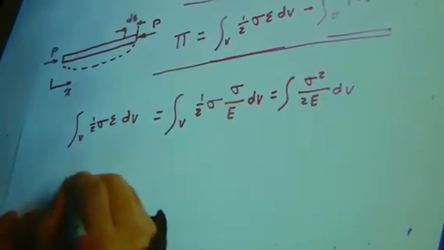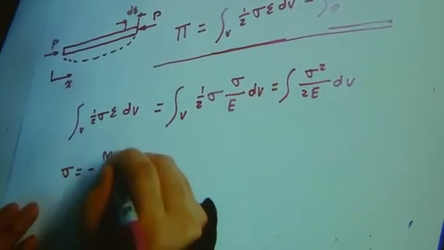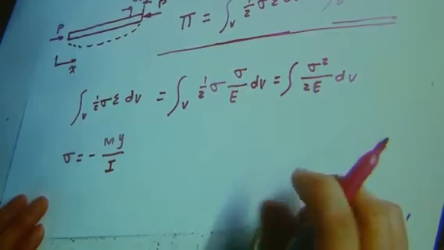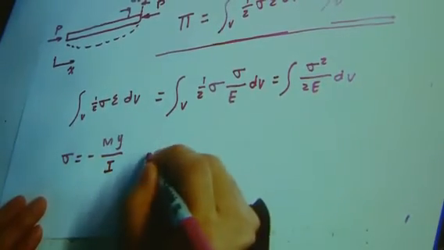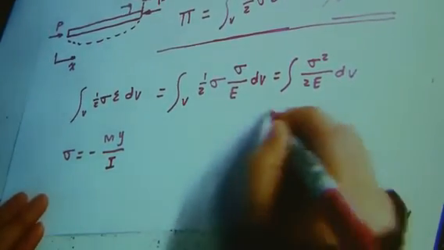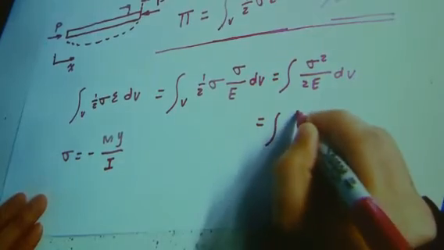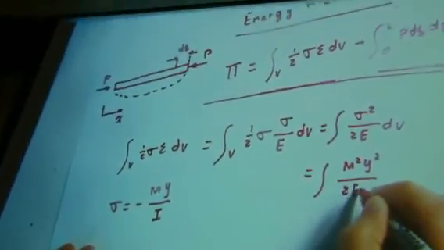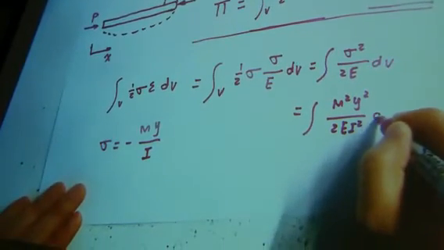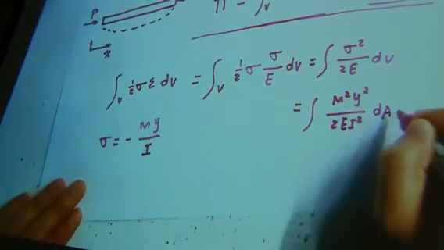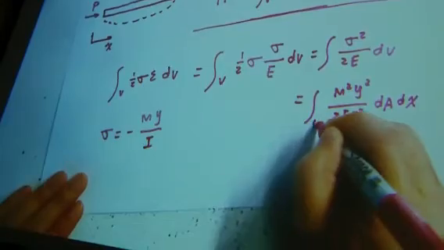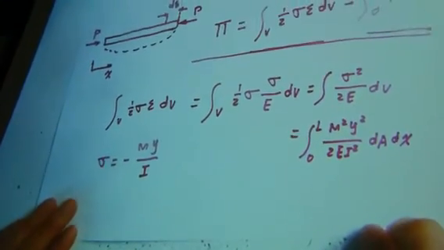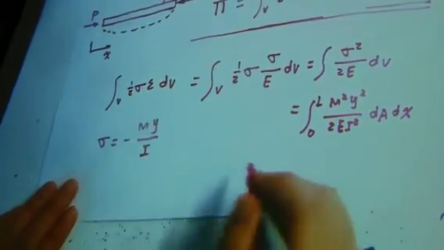And then what is sigma? In mechanics of materials, sigma equals My divided by I. So use that, and this equation becomes M squared y squared over 2 E I squared. dV becomes dA dx, x from 0 to L. Convert the volume integral to a length integral.